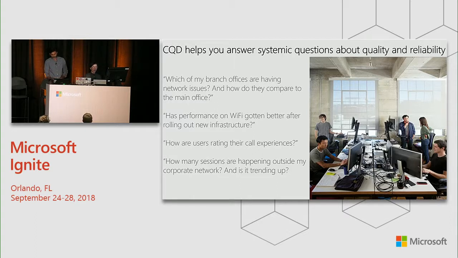So CQD offers IT admins the ability to slice the data however they wish. Regarding the performance of CQD itself, right now we are updating the data within 24 hours, but wait for the new roadmap, which will take care of that very soon. Customers have been using CQD for years to get trend information on network quality across locations, Wi-Fi health, and end user ratings.